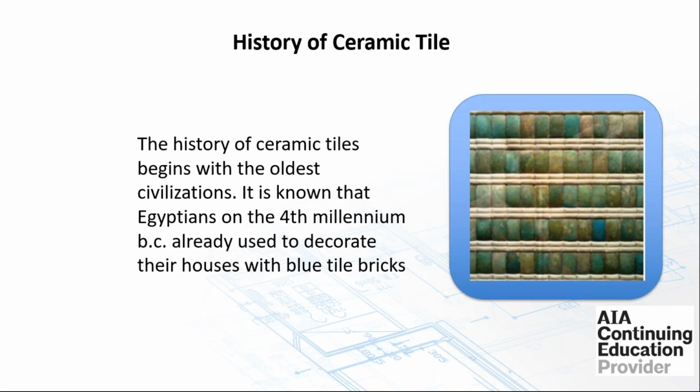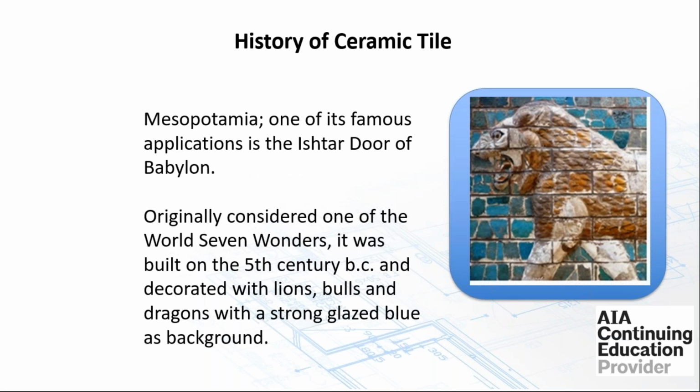Look at some other examples of tile installation in Mesopotamia. One of its famous applications is the Ishtar Gate of Babylon, considered one of the 7 wonders of the world, decorated with lions and bulls and dragons. And again, in between the individual tiles is a filler or a grout that is used to hold this together, completing the entire installation.